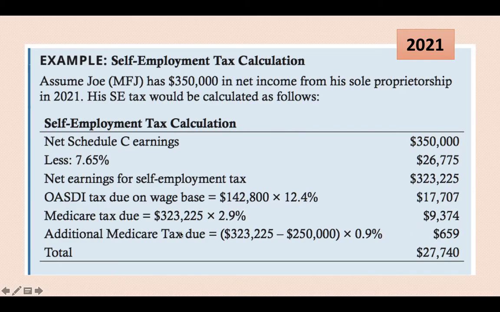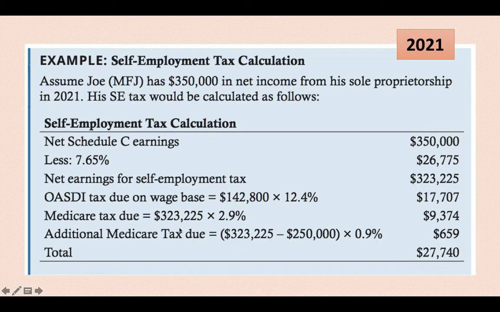The Medicare is 2.9% on the entire net earning of the self-employment tax, which is $323,225. This will give you $9,394. This is the Medicare tax.